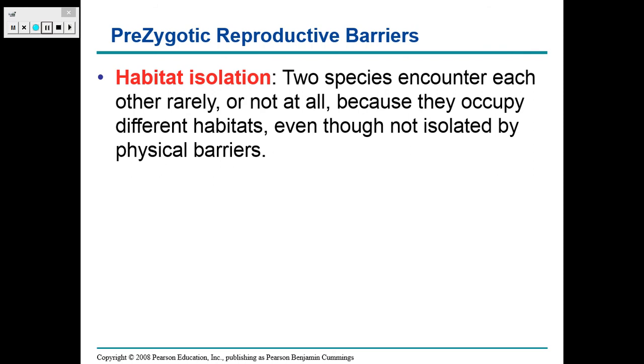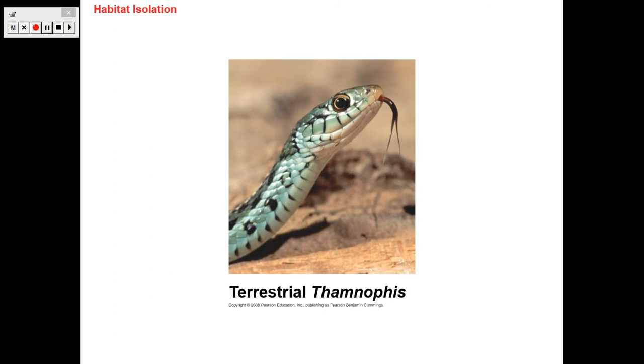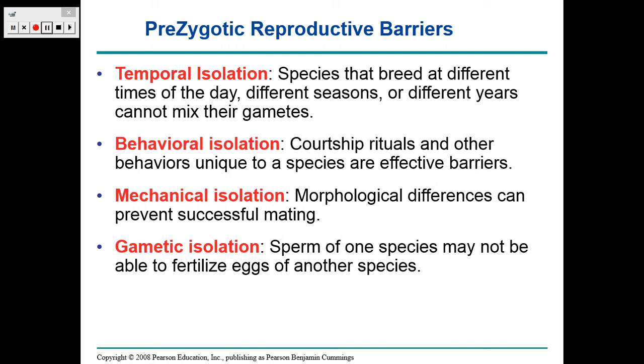So it doesn't have to be something huge like a mountain range or an ocean. It just has to be something geographical or about their habitat that isolates them from others, and that's going to prevent reproduction. For instance, this is a garter snake that lives in the water, and this is a garter snake that lives on the land. They can still be in the same area, but one living in water and one living on land prevents them from breeding together.